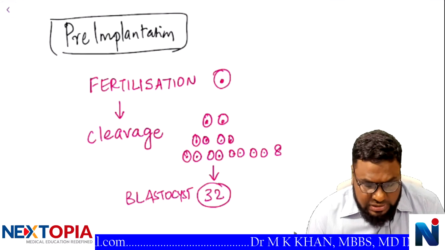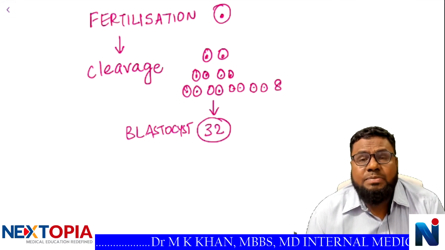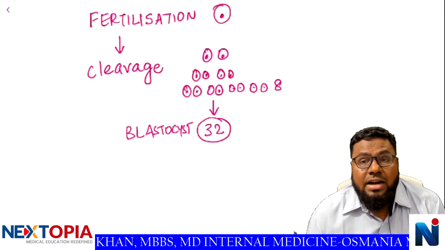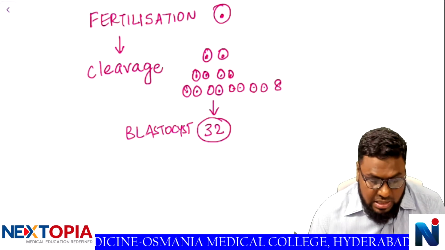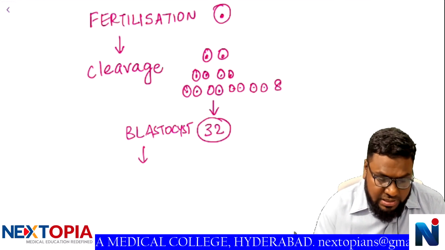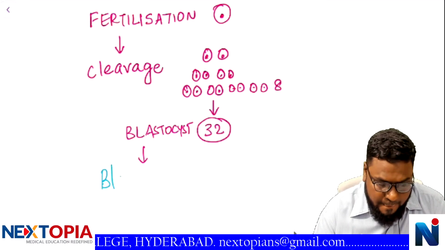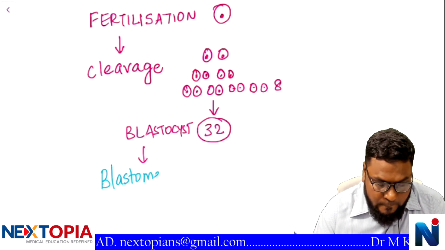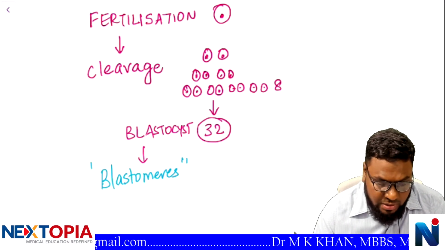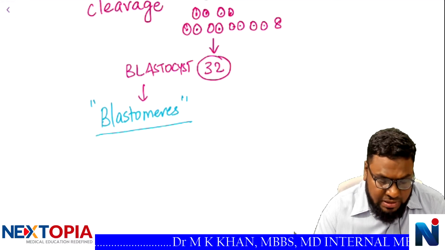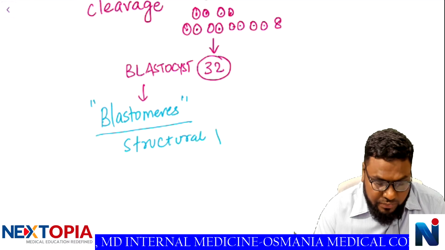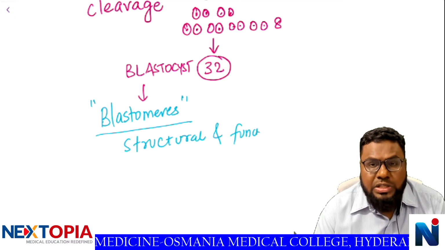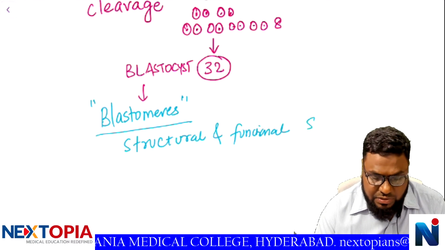This blastocyst is a structural and functional specialization and reorganization of cells. The cells of the blastocyst, you are calling them blastomeres. So an important point about this is that blastomeres have got structural and functional specialization.